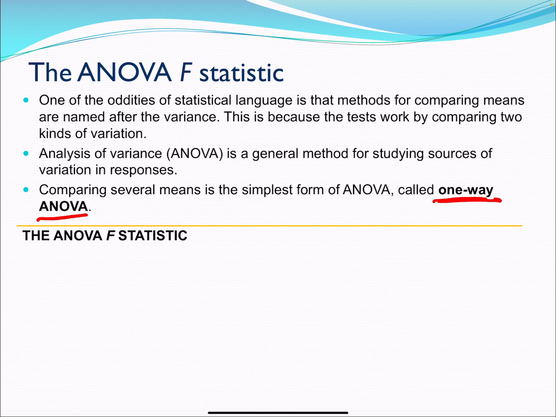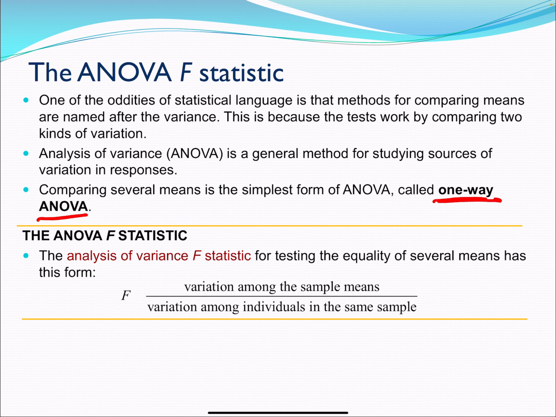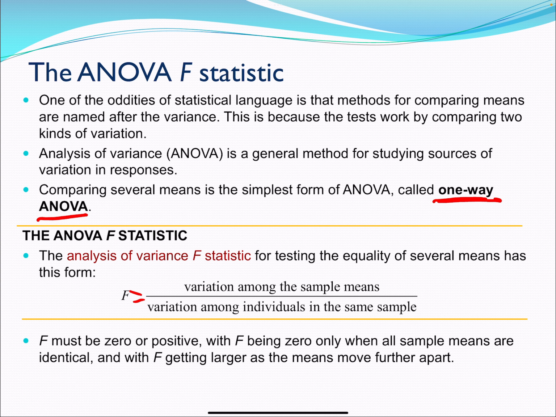So we calculate an F statistic, where F is the variation among the sample means divided by the variation among individuals in the sample. F must be 0 or positive, with F being 0 only when all sample means are identical, and F getting larger as the means move further and further apart.